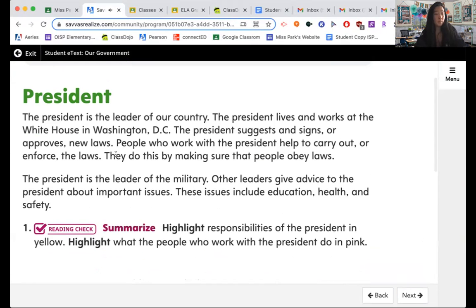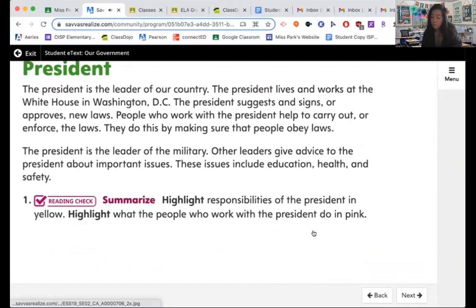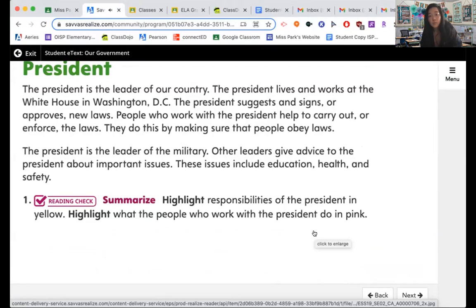President. The president is the leader of our country. The president lives and works at the White House in Washington, D.C. The president suggests and signs or approves new laws. People who work with the president help to carry out or enforce the laws. They do this by making sure that people obey laws.